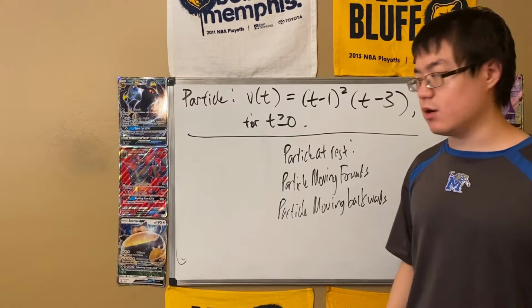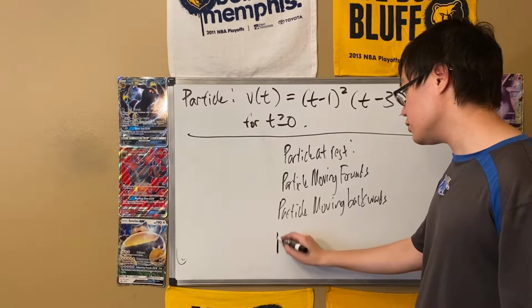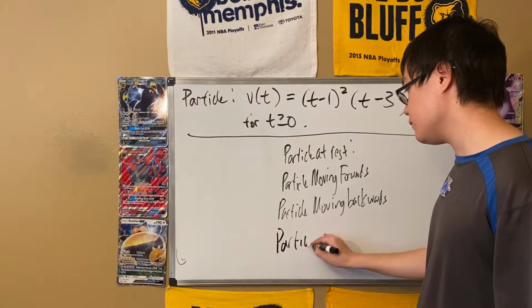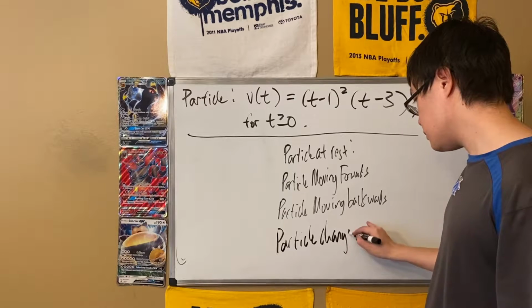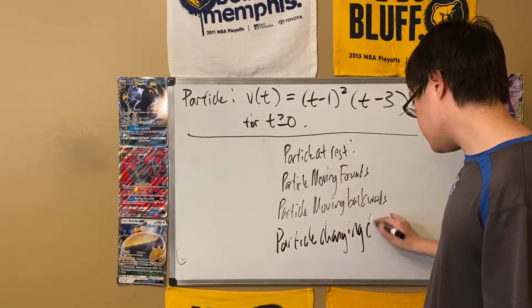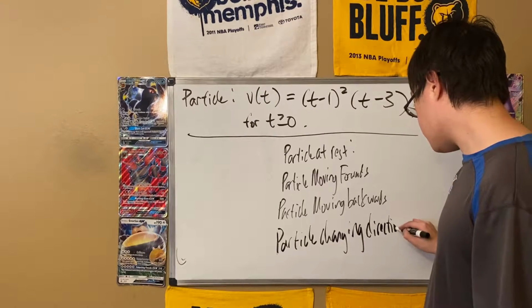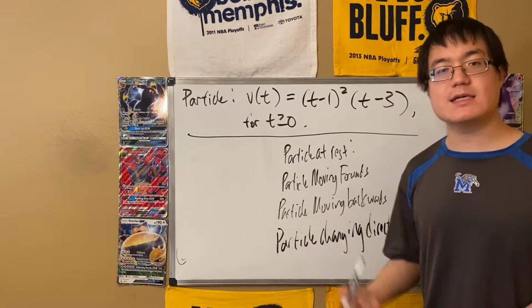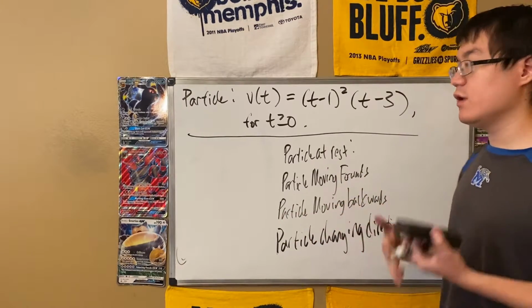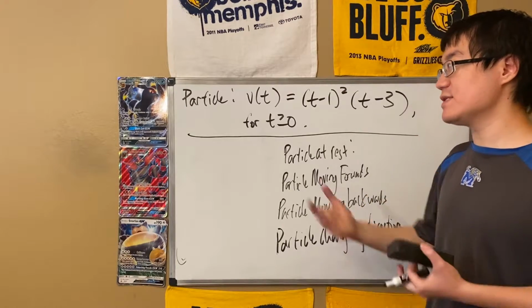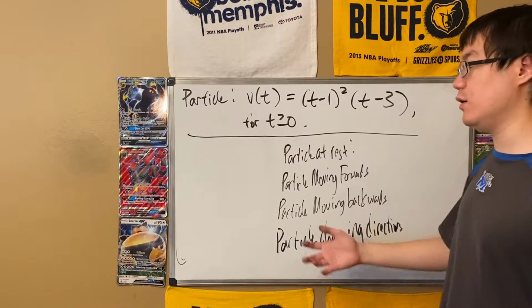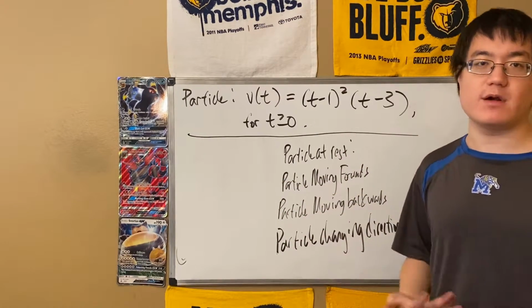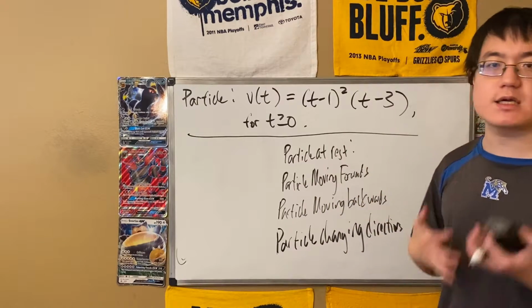And finally, when does the particle change direction? By the time we get to this fourth question, we probably will know the answer. Of course, you might not be asked all four of these questions, but once you have a sign chart of velocity, you're going to be able to answer all these four questions very, very quickly. So that's why sometimes they're asking combinations.